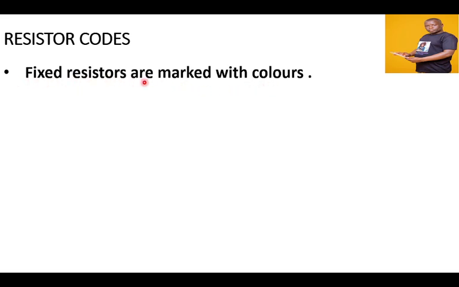Fixed resistors are coded, they are marked with colors. Those colors are called resistor color codes. Given the colors on a particular resistor, you should be able to calculate its resistance, by just looking at it, you can deduce the total resistance of such a resistor.